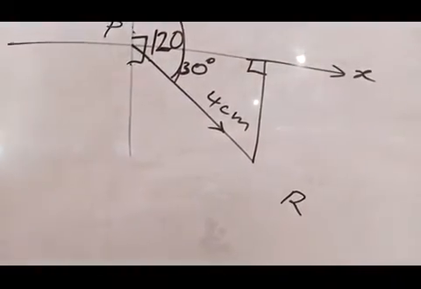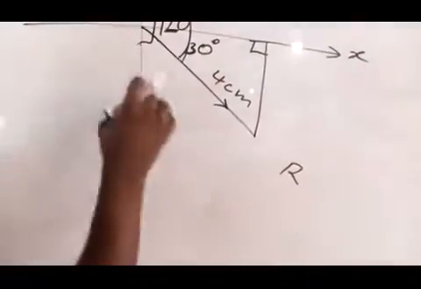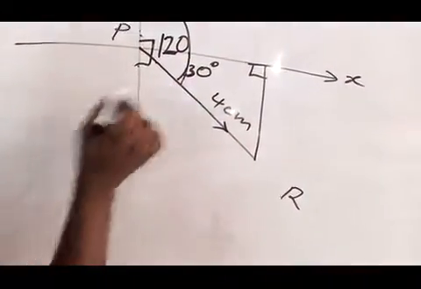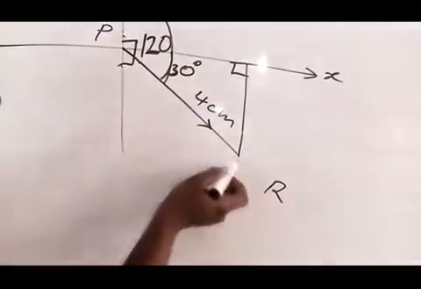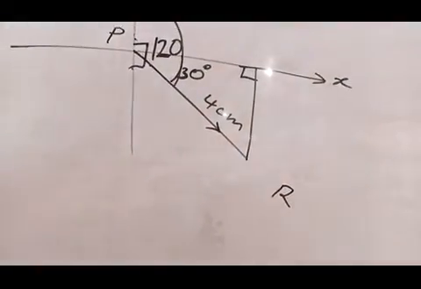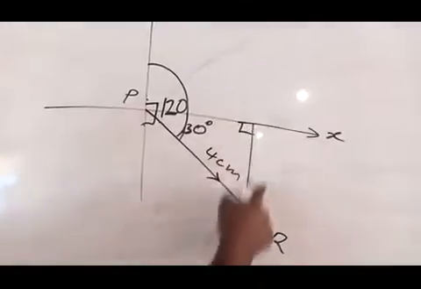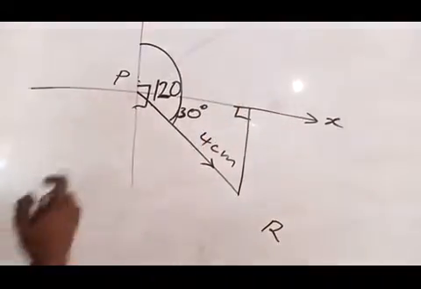So then we now have our right angle triangle with this angle as well as this length. Now from the previous example, we understood that this is our hypotenuse, this is the opposite, and this the adjacent.